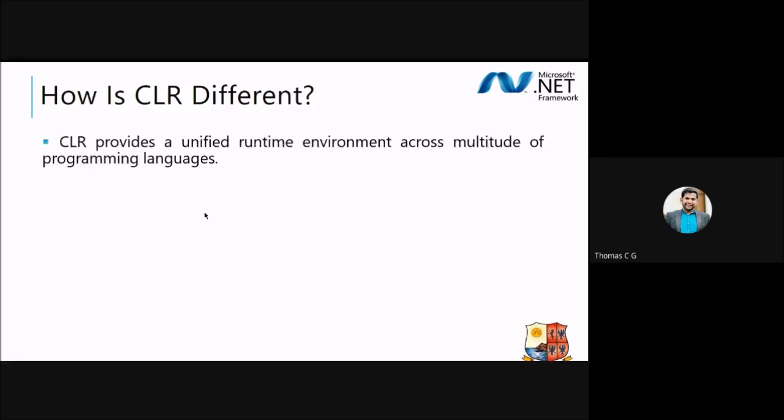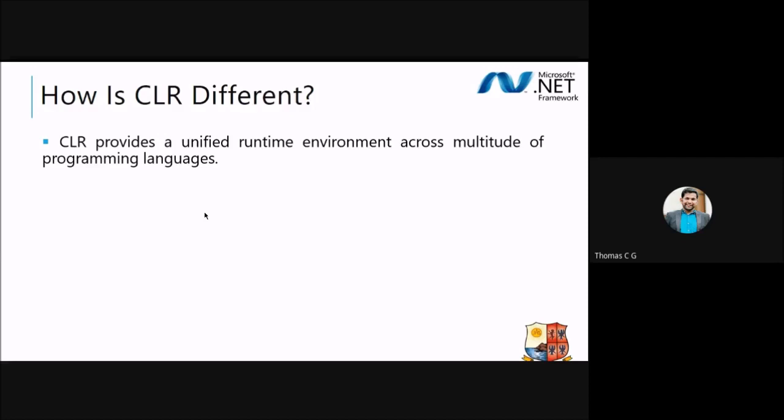CLR is not for a specific language. If you noticed the previous ones, all those runtimes are specific to one language. Starting with JVM, it's specifically only for Java. No other language can be executed there. VB run, Node.js, all these are specific to one language. But CLR provides a unified runtime environment for a multitude of programming languages.